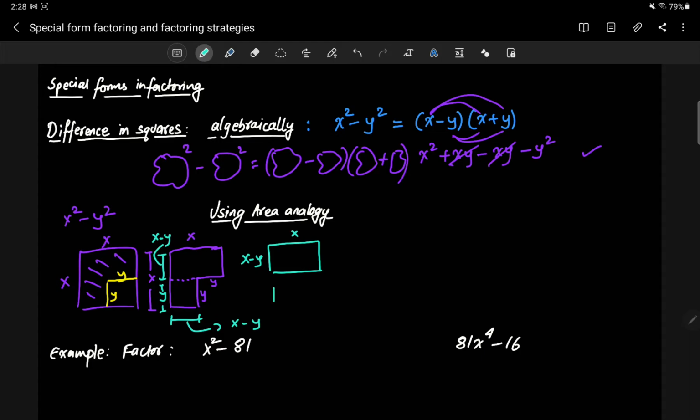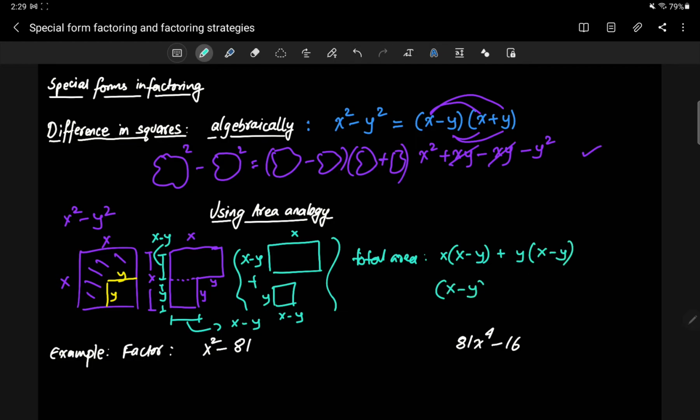So you have this, which is x minus y by y, and the areas add up. So the total area is going to be x times x minus y plus y times x minus y, which when you take the GCD, it's going to give me x minus y times x plus y.